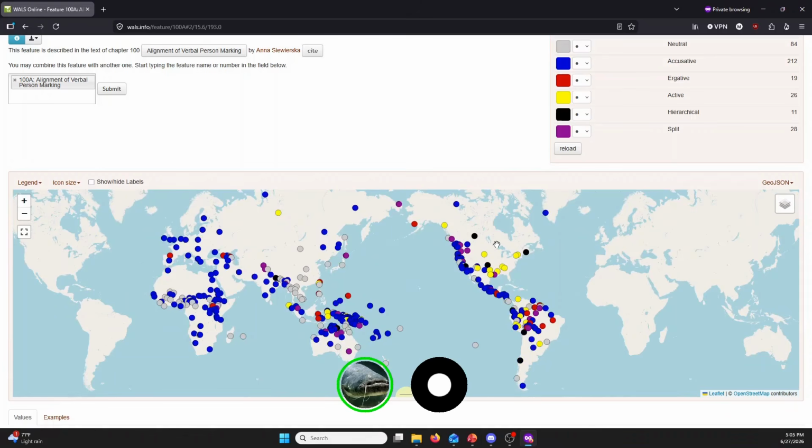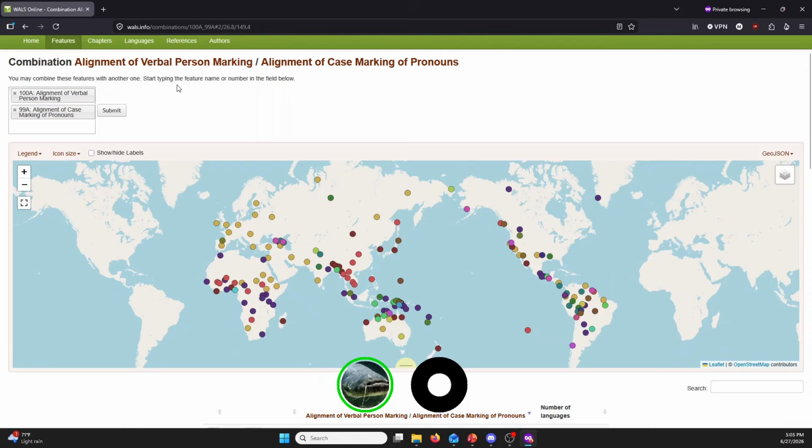I'm going to do one more thing, and then I think we're going to call it. There was a question about comparing the alignment of person marking and case marking. We can look at the numbers here.